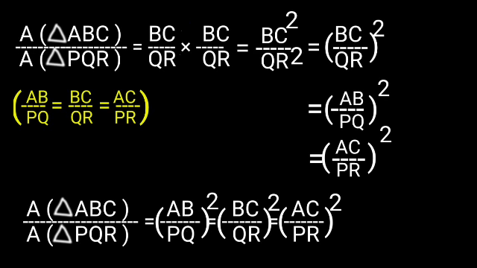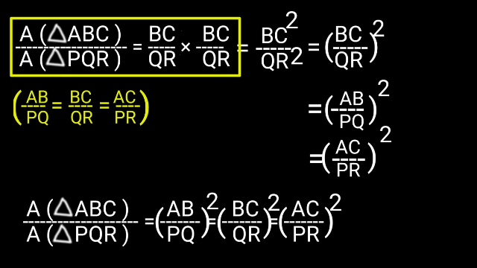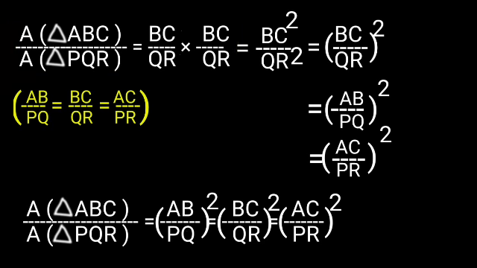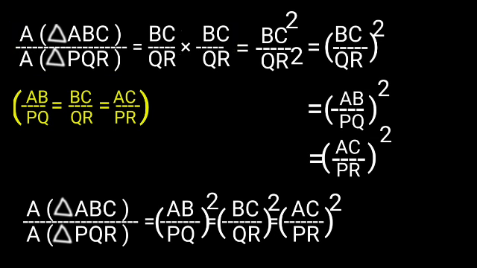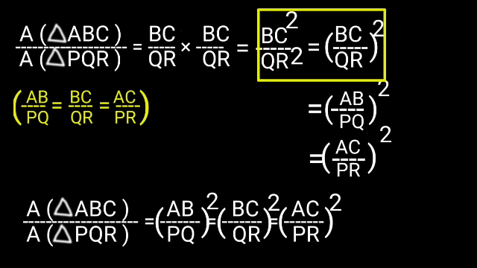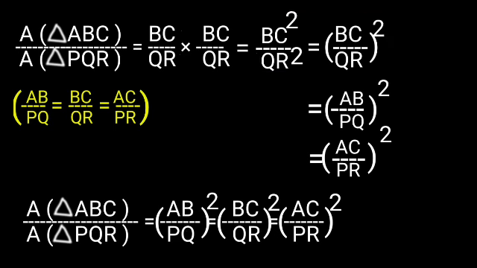Our next step will be area of triangle ABC upon area of triangle PQR is equal to BC upon QR into BC upon QR. Hence, area of triangle ABC upon area of triangle PQR is equal to BC square upon QR square, that is, BC upon QR whole square.